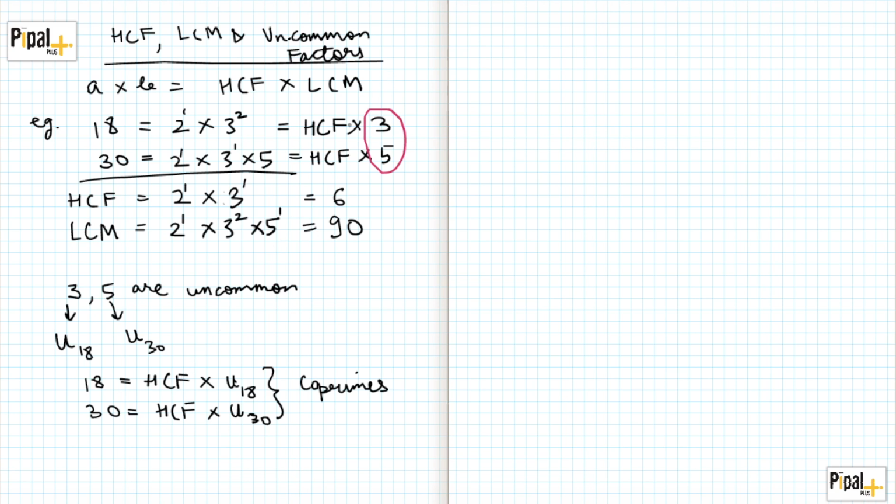So let's put these numbers in here, right? And why don't we do a general result? 18 into 30 was equal to their HCF multiplied by their LCM, right? However, 18 can be written as their HCF multiplied by the uncommon factors in 18.